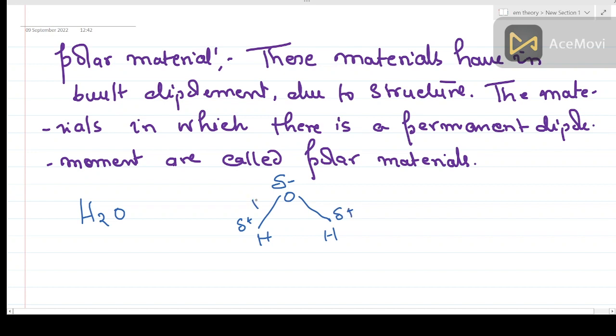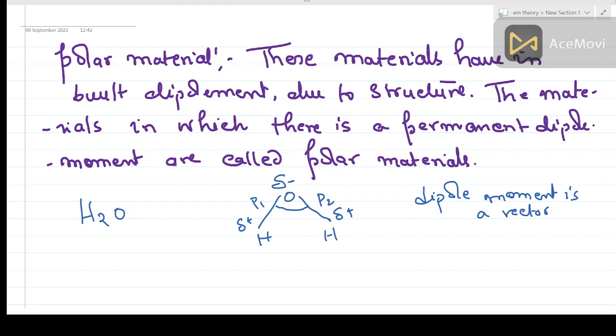So this is one dipole, plus charge, minus charge, and this is another dipole. Dipole moment is a vector quantity, and here we have two dipoles that are aligned to each other at some angle.